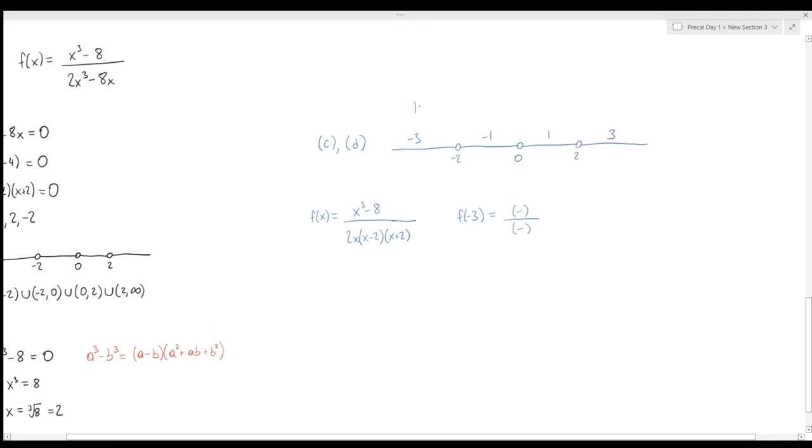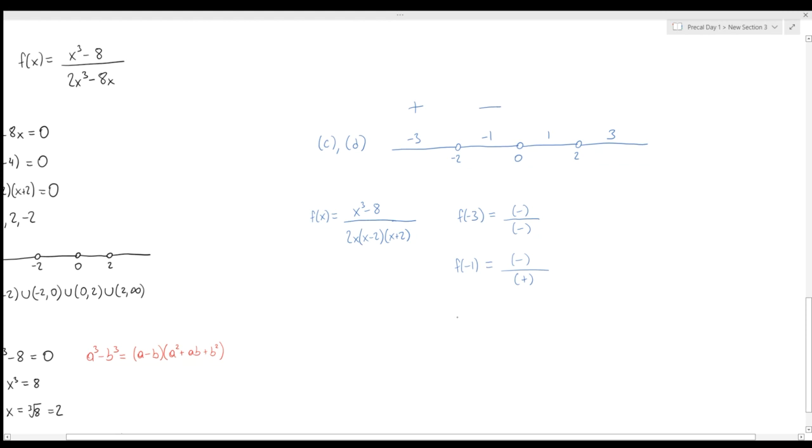So it's positive first, okay? Let's plug in -1 next. So if x is -1, -1 minus 8 is negative. In the denominator, that'll be negative, but now this is positive when x is -1. So altogether, this is negative.